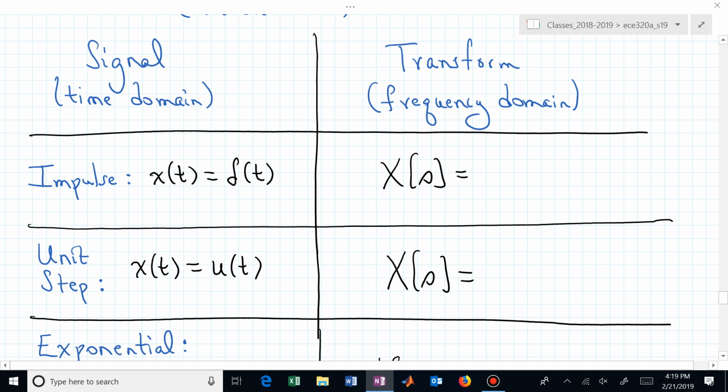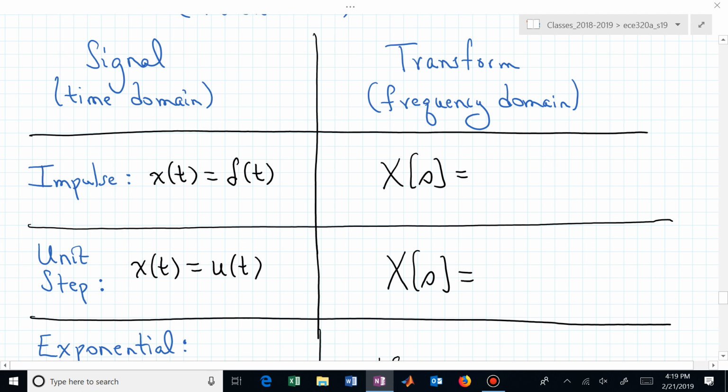And you now know how long it will take for those initial conditions to decay. You'll look at the slowest pole, the pole closest to the imaginary axis, and you'll find its sigma, and you'll say, oh, I need 5 time constants associated with that slowest pole, and that's when all of my transients will have decayed.